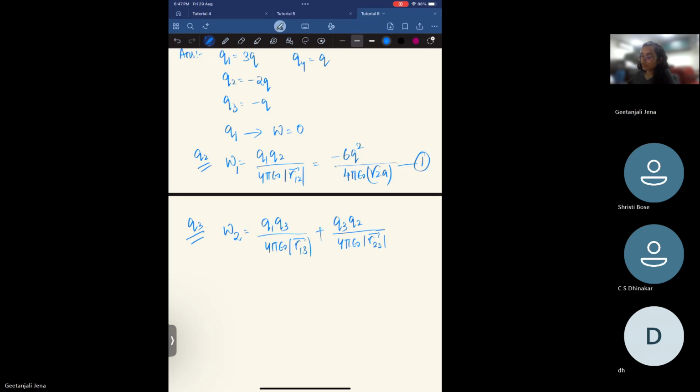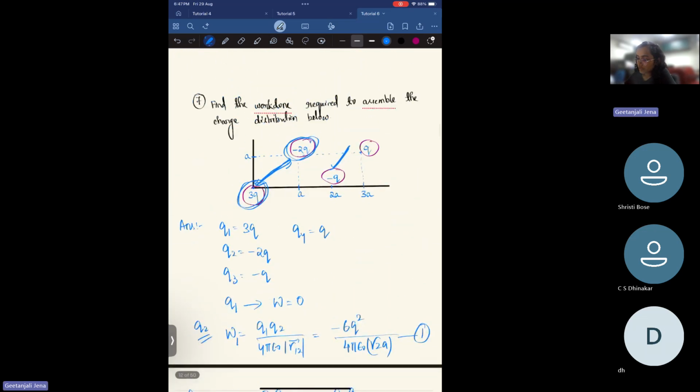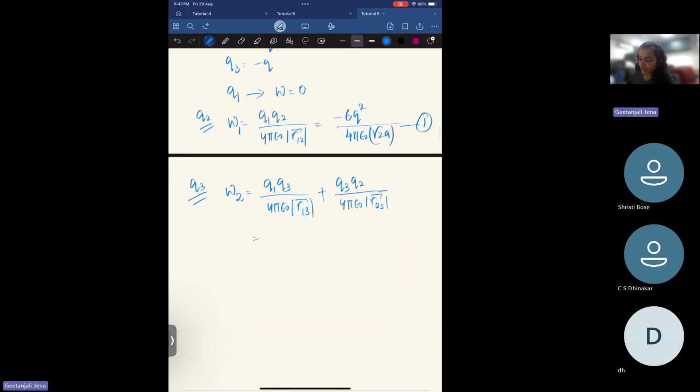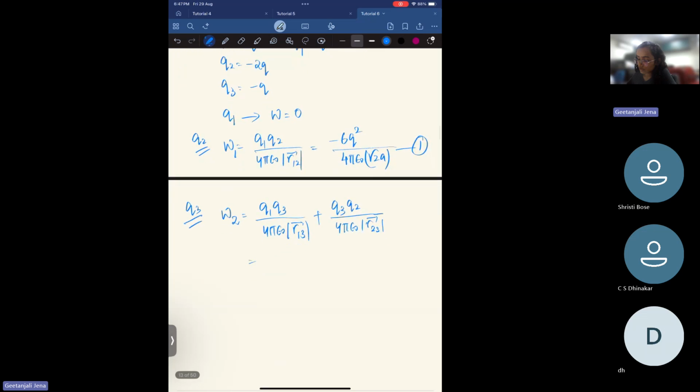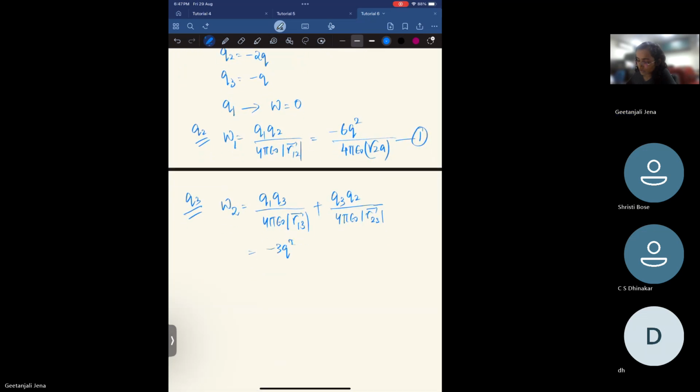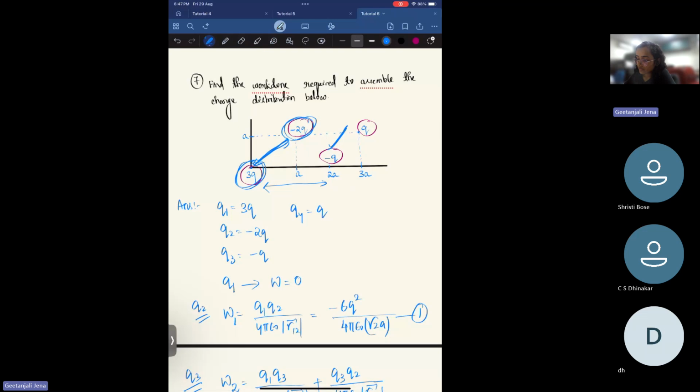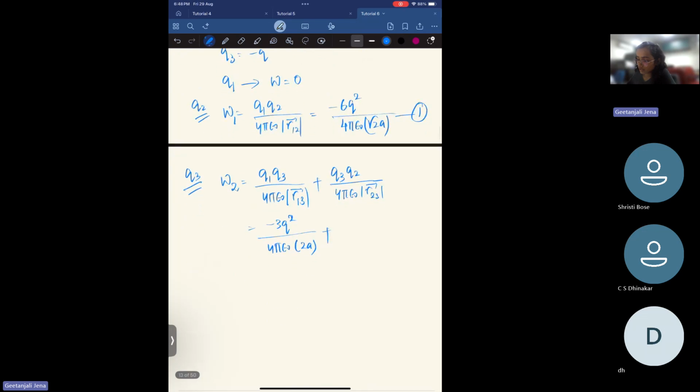The distance between Q1 and Q3 is 2a, so 3Q times minus Q gives minus 3Q square by 4 pi epsilon naught 2a, plus Q3 Q2, where the distance is root 2a, giving minus 2Q square by 4 pi epsilon naught root 2a.